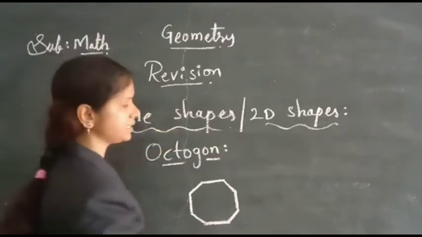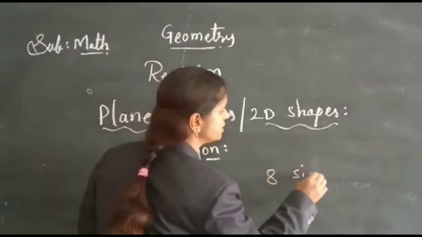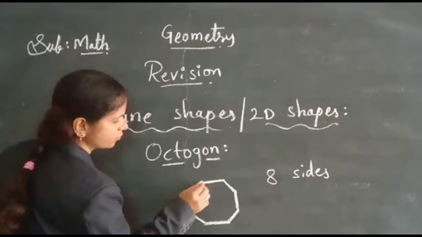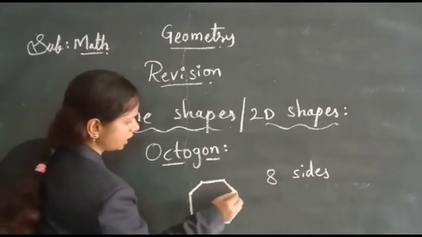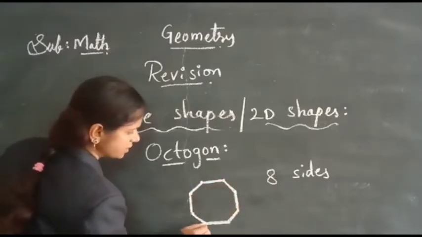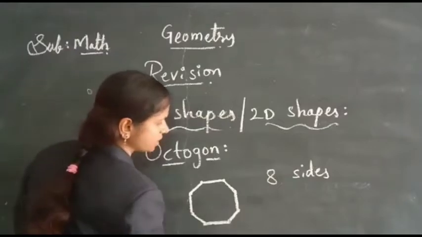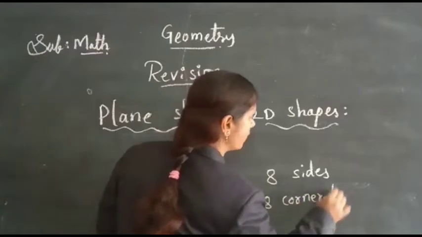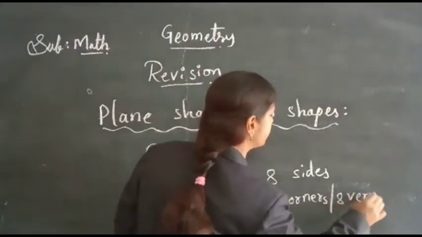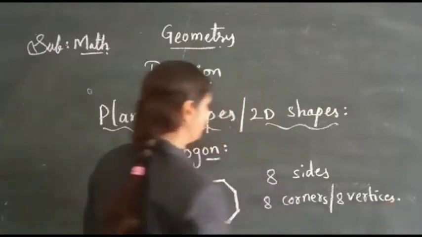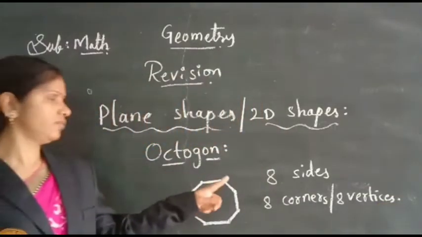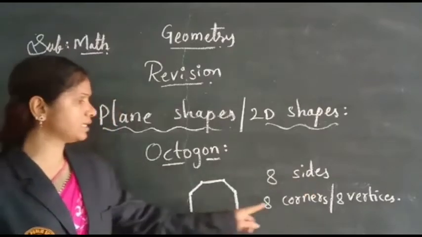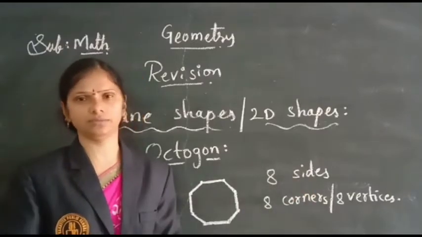So an octagon is an 8-sided figure. It has 8 sides. Let's count the corners: 1, 2, 3, 4, 5, 6, 7, 8. So 8 corners are 8 vertices. An octagon has 8 sides and 8 vertices or 8 corners.